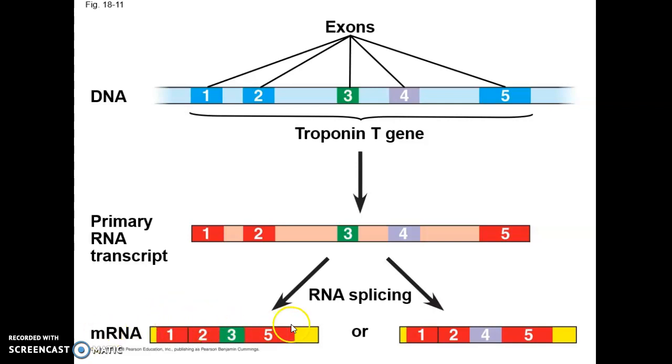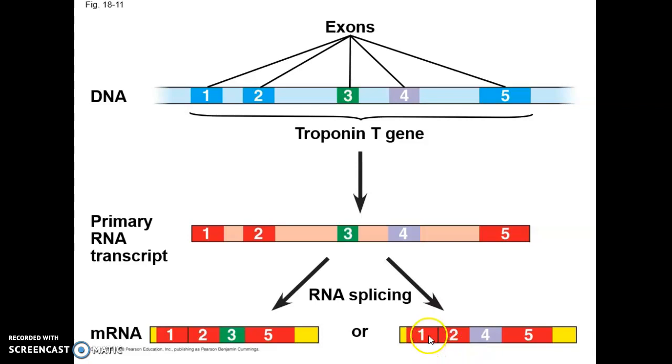So we can see that in this case, 1, 2, 3, and 5 were the exons that were used. They were spliced together to make this mRNA. This mRNA could then go out and be translated in the ribosomes, and we could make a protein product. So that would be one expression. This getting transcribed, and then it being processed into this message, that message going out and being used in the cell. But maybe the next time that this gene needs to be expressed, we want different exons together.